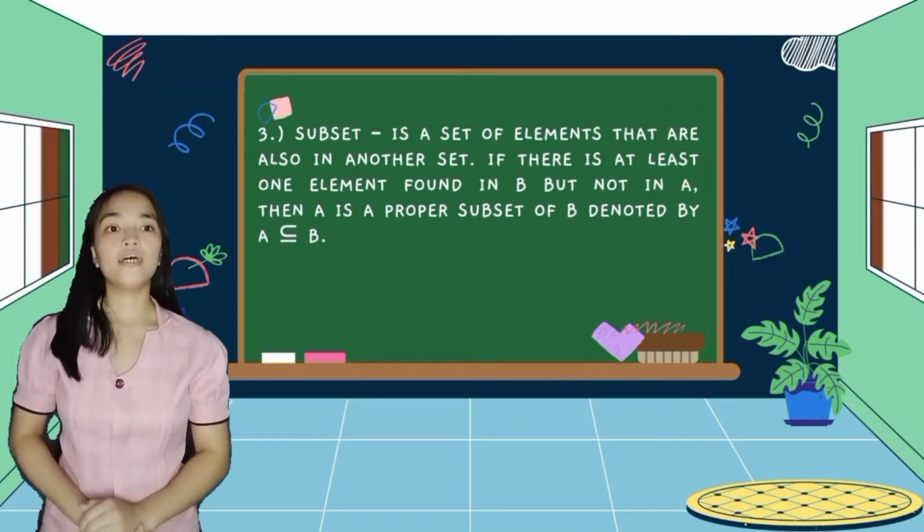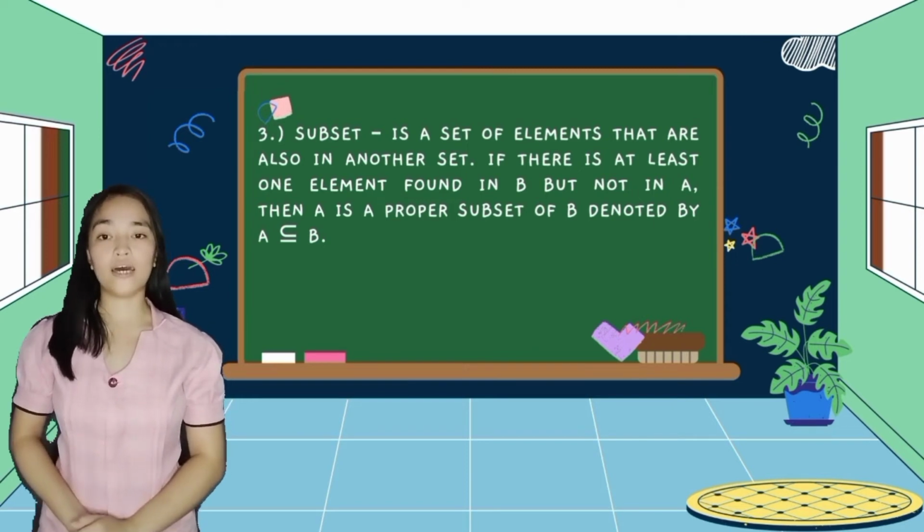Number 3 is subset. It is a set of elements that are also in another set.